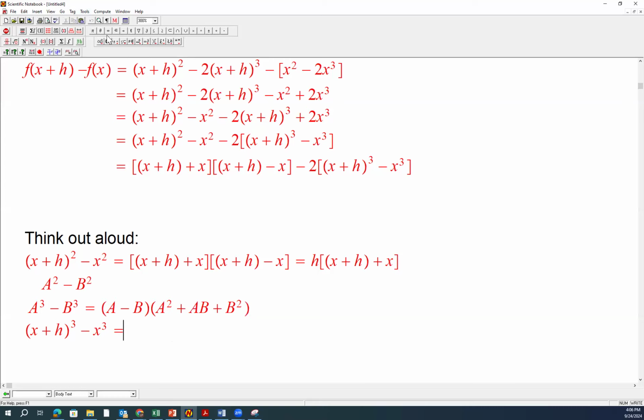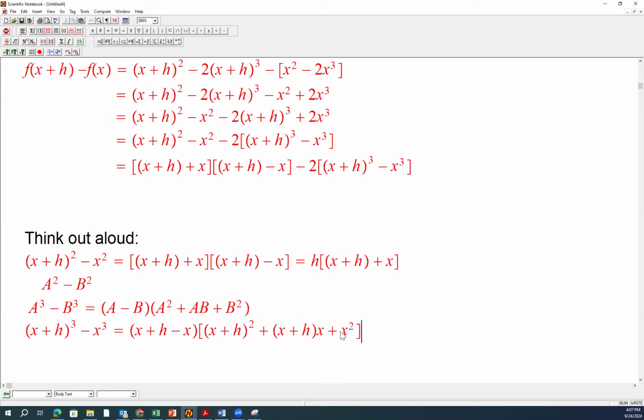When I apply this formula, a, of course, is x plus h, and b is x. So everywhere a will be replaced by x plus h. B is x. And I'm going to put this in a bracket.